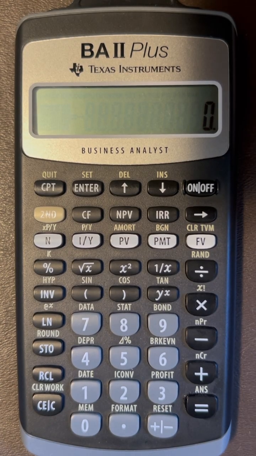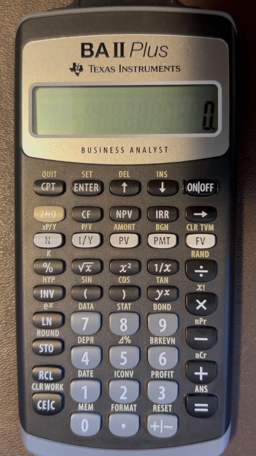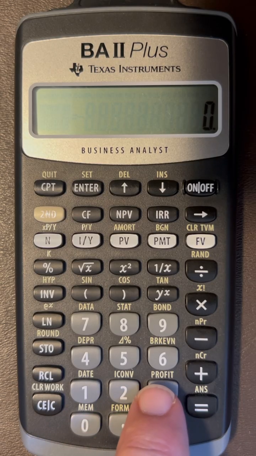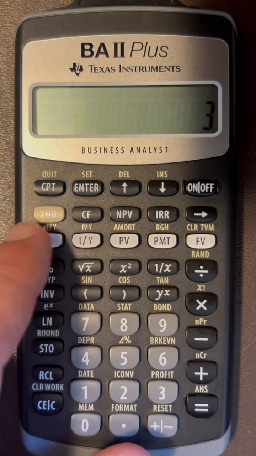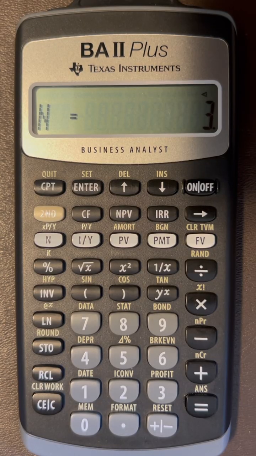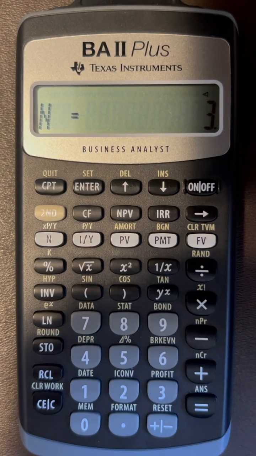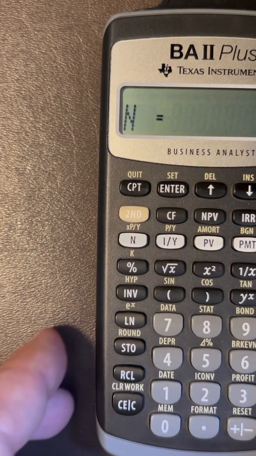Okay. So, what do we know here? We know that we're going to get 3 payments. So I'm going to put 3 as my N. N is the number of payments in an annuity problem. And then, let me see if I can get this a little bit lighter too.